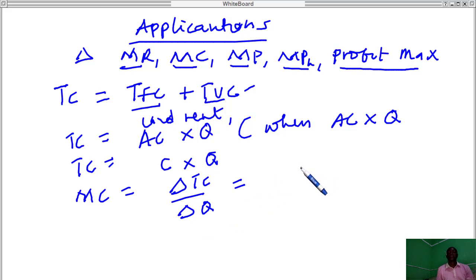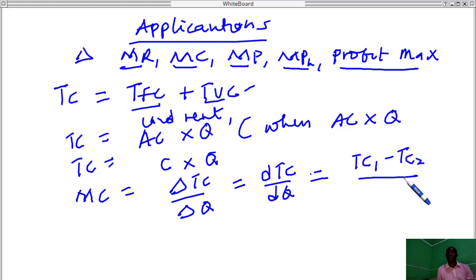This means you can apply calculus. So it's dTC over dQ, change in total cost over change in quantity, and for this we use differentiation. The usual understanding is total cost 1 minus total cost 2 all over quantity 1 minus quantity 2. But here we are interested in the calculus. So to find marginal cost, we use calculus.